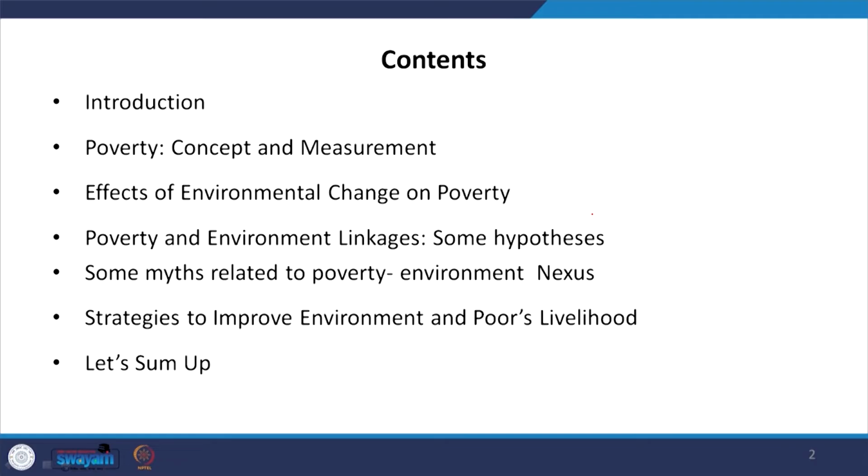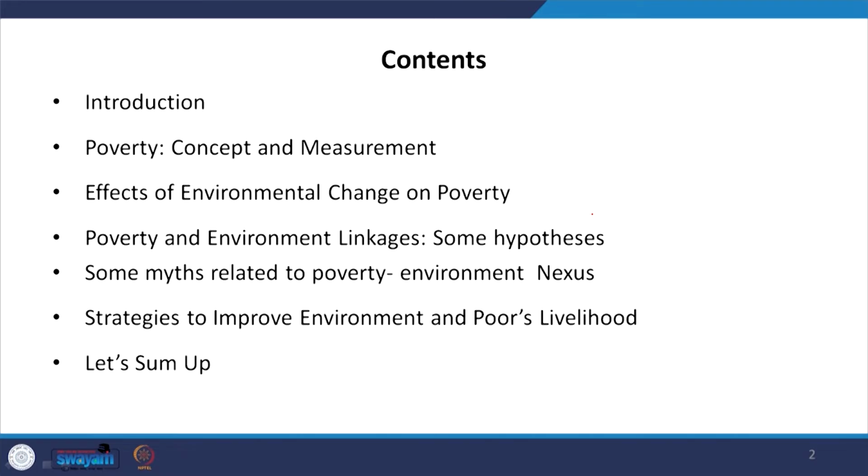There may be improvement in environment. So, if there is an improvement in environment, how it is going to affect the poverty, and if there is a degradation in environment, how it is going to affect the poverty. So, effects of environmental change on poverty will be examined in the next subsection.